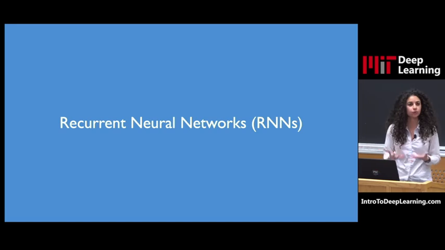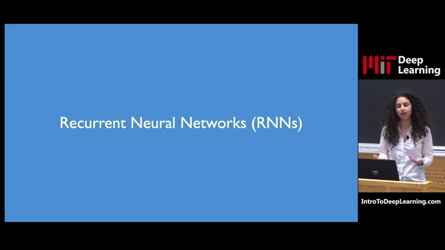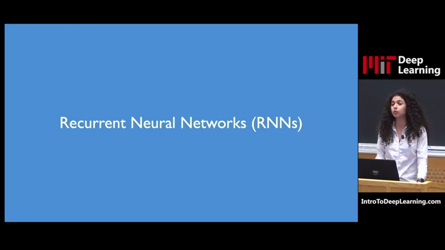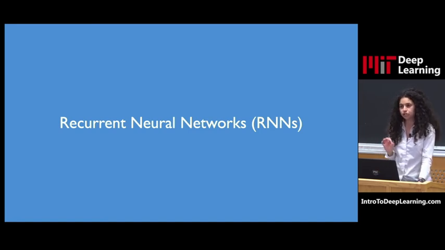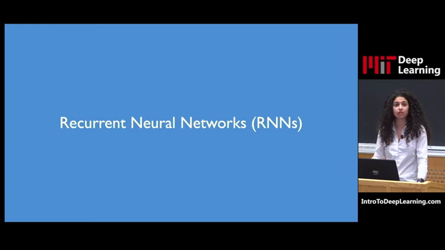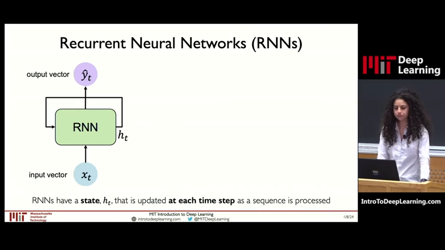RNNs are really one of the foundational frameworks for sequence modeling problems. So we're going to build up a little more of the math behind RNNs now that we have this intuition about the state update and the recurrence relation.